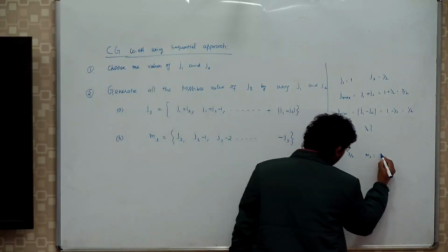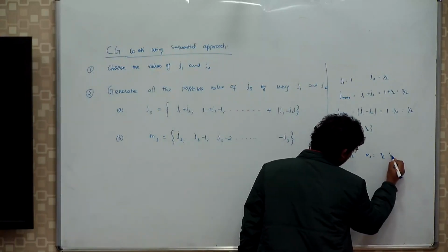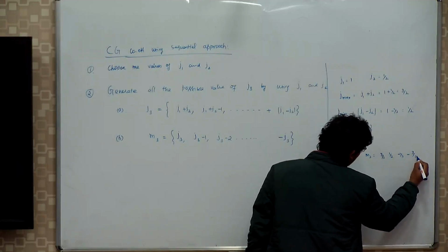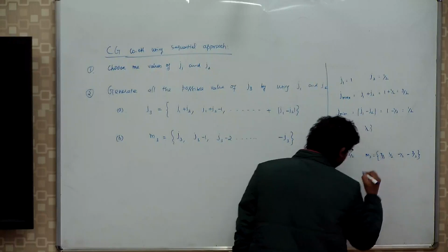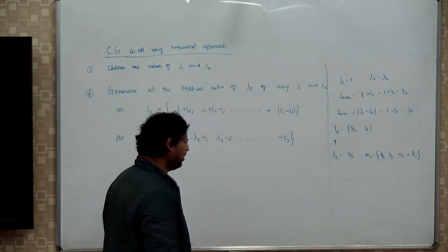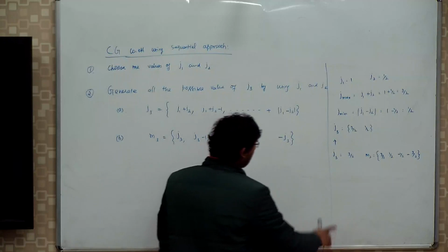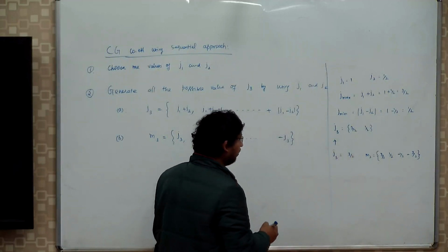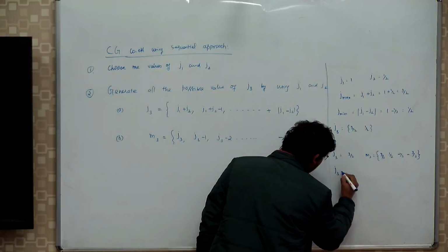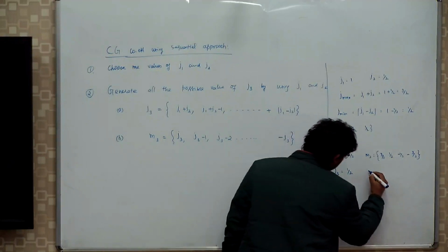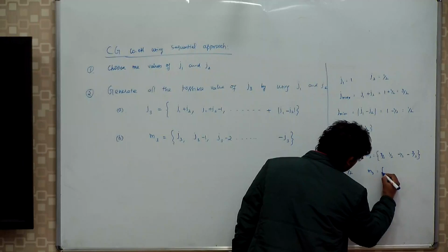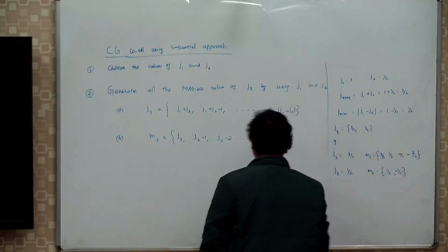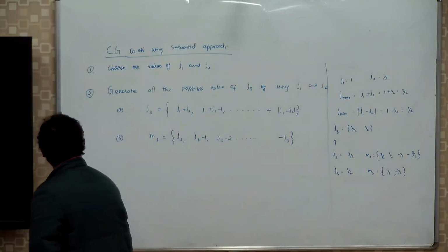So 3 by 2, 1 by 2, minus 1 by 2, minus 3 by 2 are the values of the magnetic quantum number M3 with respect to the total angular quantum number J3 equal to 3 by 2. And for J3 equal to 1 by 2, the values of M3 are 1 by 2 and minus 1 by 2. Only two values. Fine.